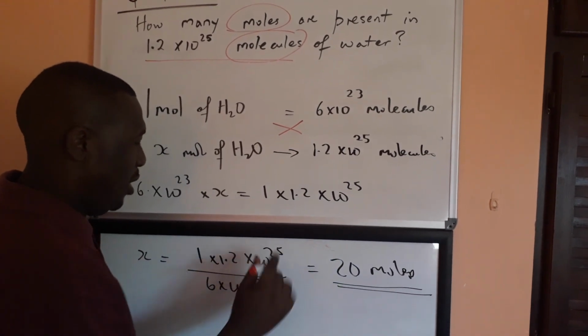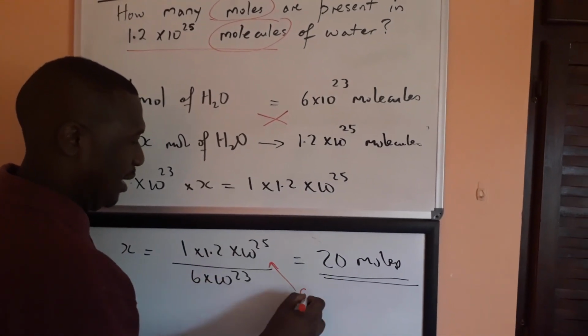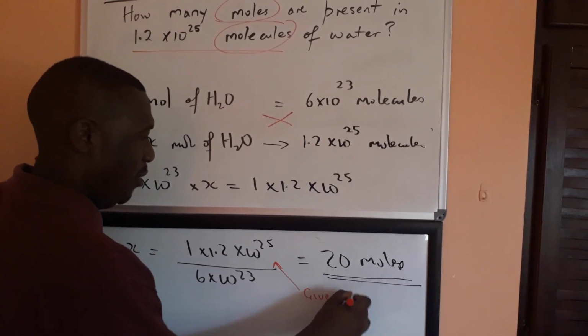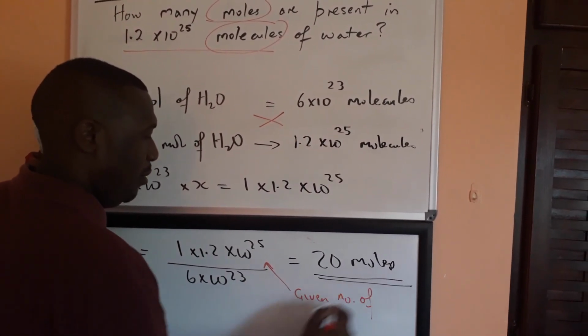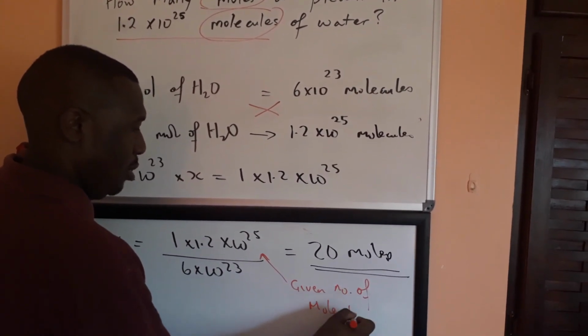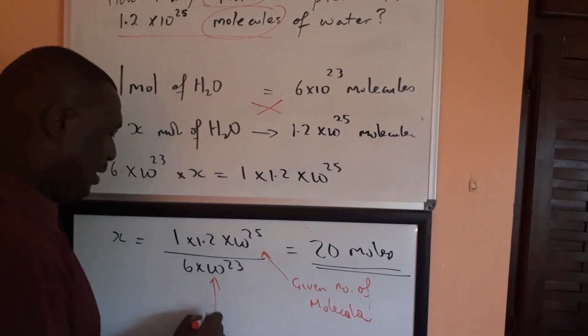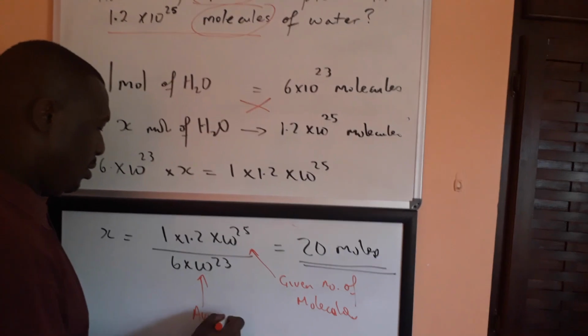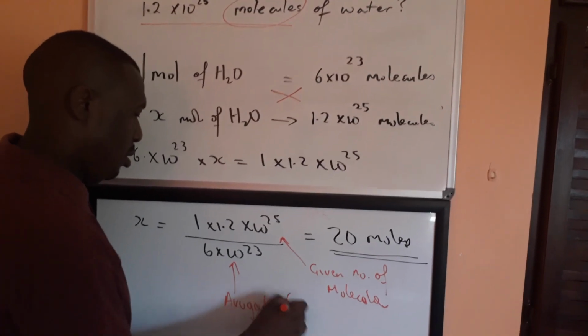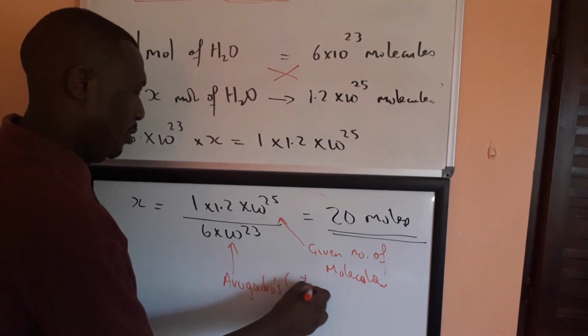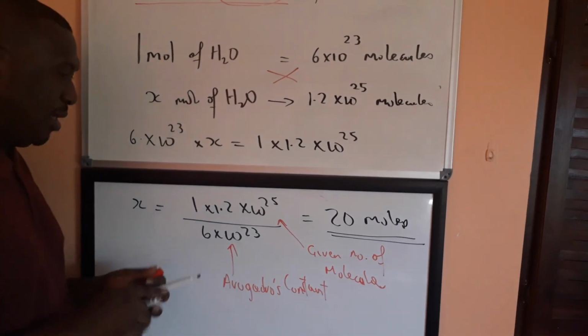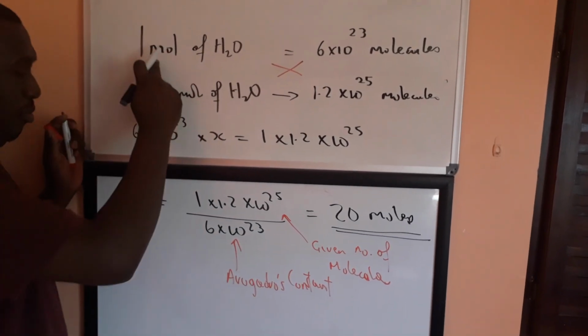That's what this number was. It was the given number of molecules. And this is Avogadro's constant. It's L. So, the x that we're finding is the number of moles.